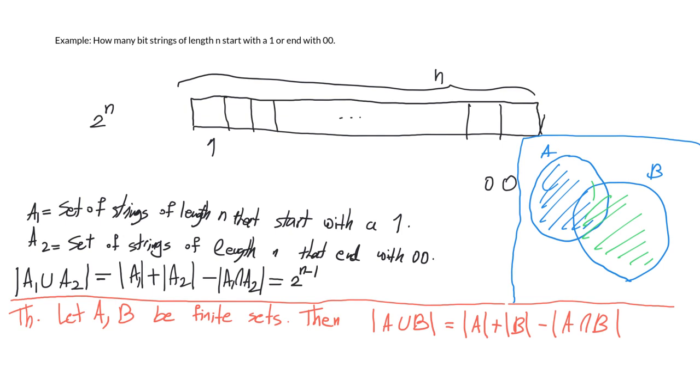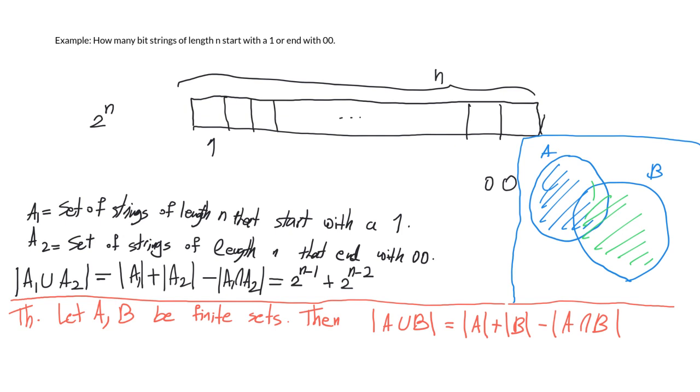Again, the number of elements in A2 are those strings where we have two zeros at the end, but we have then n minus 2 places which we are free to put anything that we want, and we get 2 to the n minus 2 as the size of A2.